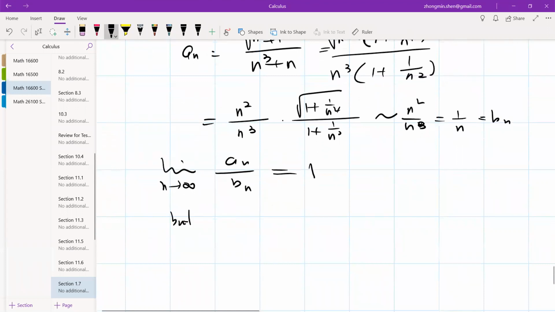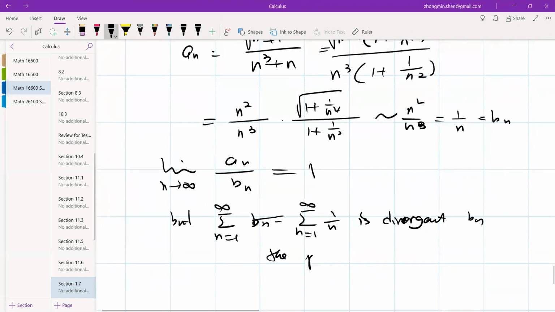But this Bn is divergent. This is a harmonic series. It's divergent, we know that. You can also say that by the p-series test, and p is going to be 1.